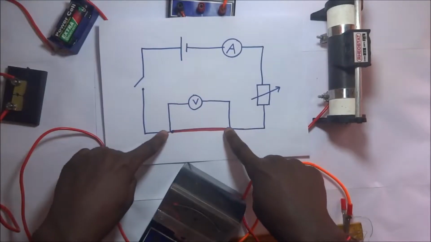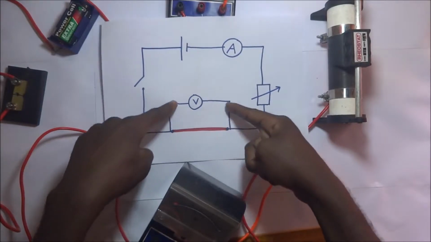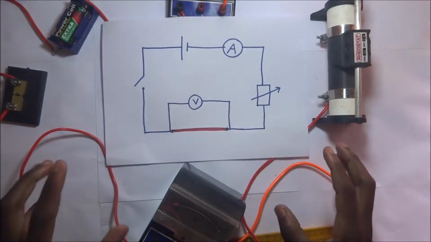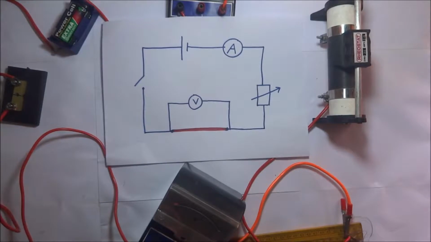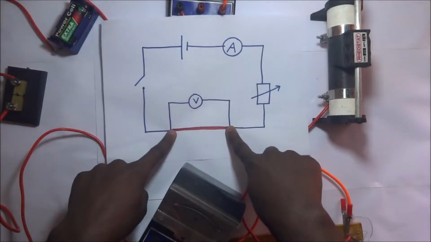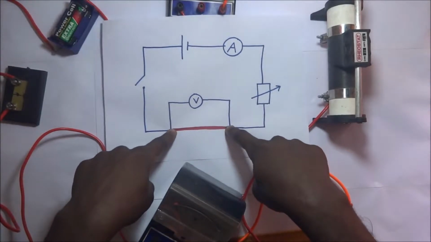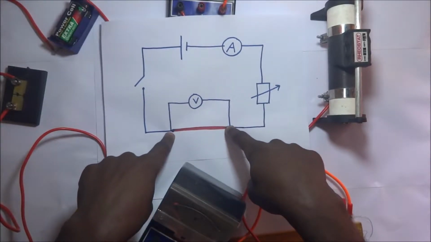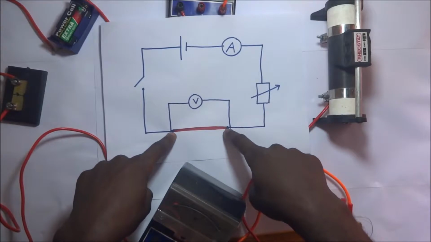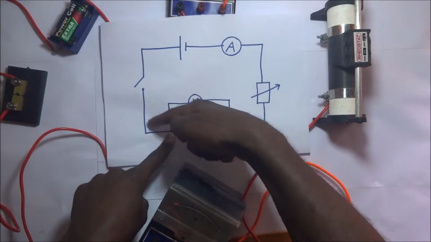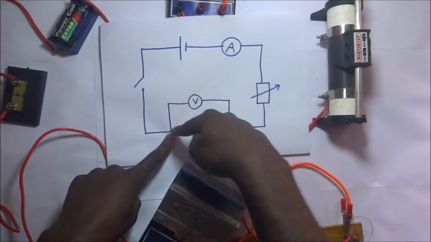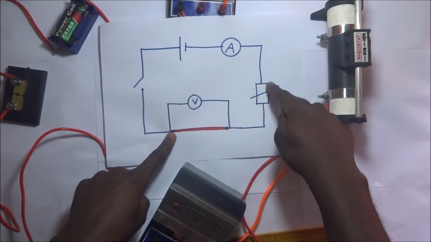Now we are going to connect this voltmeter across this. The issue here is we want to investigate, or verify, Ohm's law. This is the conductor we shall be using. This conductor will have current going through it, and this current will be regulated by this rheostat.